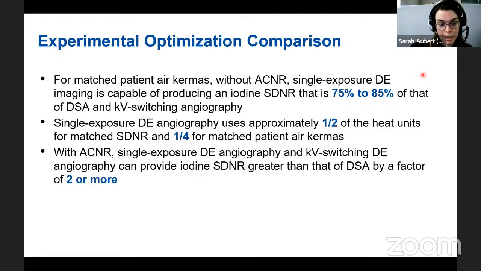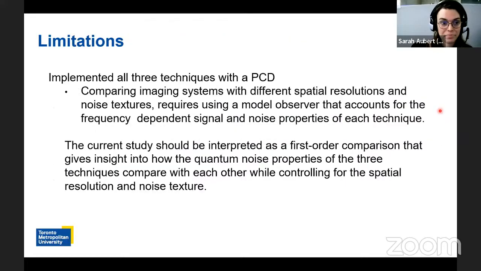In addition, if we incorporate our ACNR correction, single exposure dual energy angiography and KV switching dual energy angiography can both provide iodine signal difference to noise ratio that is greater than DSA by a factor of 2 or more, making this an area that we want to further look into.